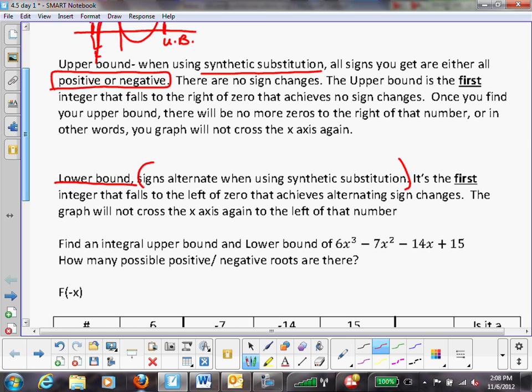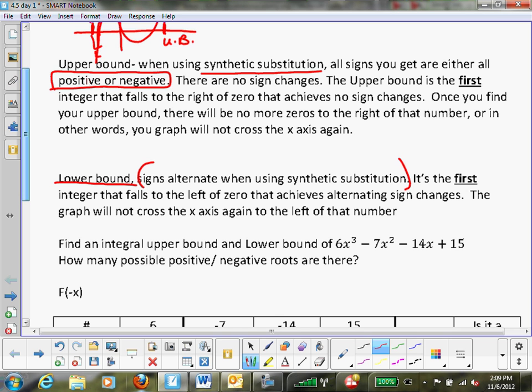So it is the first integer that falls to the left of 0 that achieves alternating sign changes. The graph will not cross the x-axis again to the left of that number. It just continues on. Does that make sense? Anybody have a question so far?